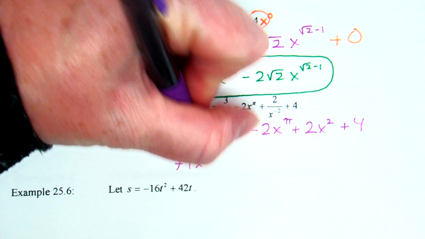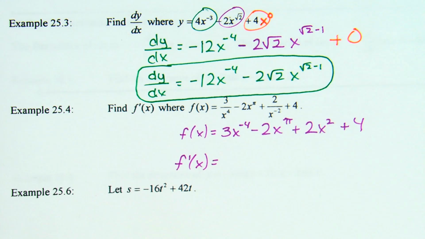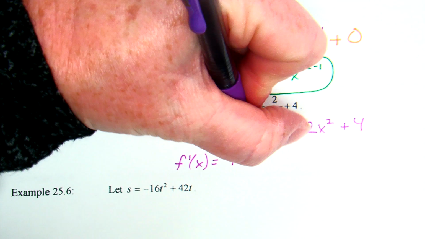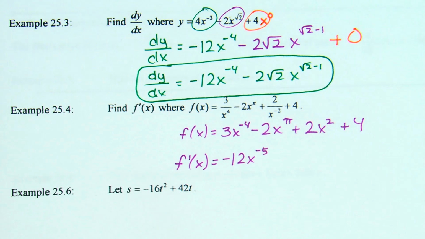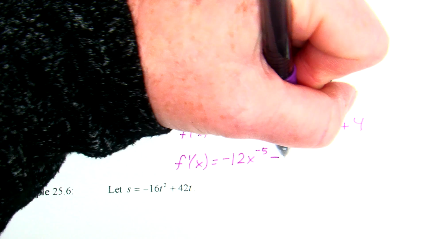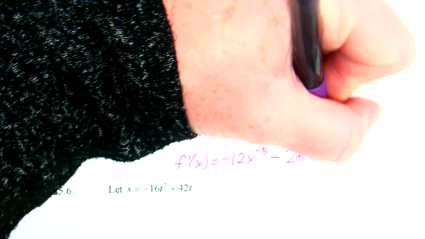Okay. F prime of x. Derivative of 3x to the negative 4th: negative 12, x to the negative 5th. Minus derivative of 2x to the pi: 2 pi x to the pi minus 1.